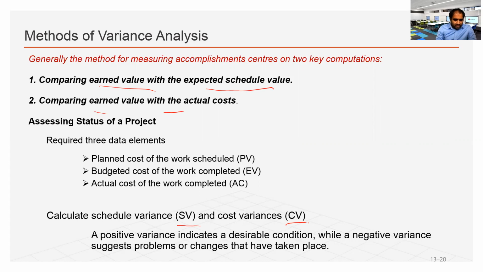What we need in assessing the status report is the planned value, earned value, and actual cost to calculate the variances. It makes a simple statement: if the variances are positive, the situation is good, in a favorable condition. If it is negative, this is an unwanted situation to be in.